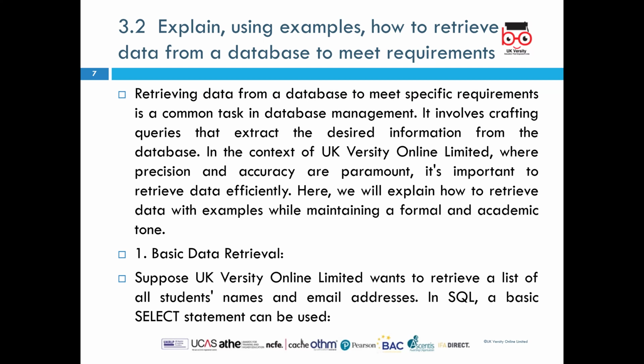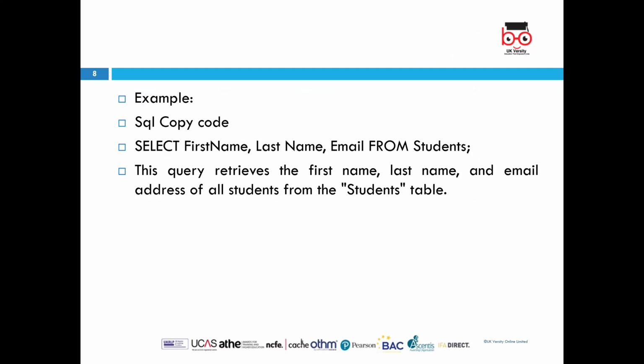Suppose UK Versity Online Limited wants to retrieve a list of all students' names and email addresses. In SQL, a basic select statement can be used. For example, the SQL code is: select first name, last name, and email from students.